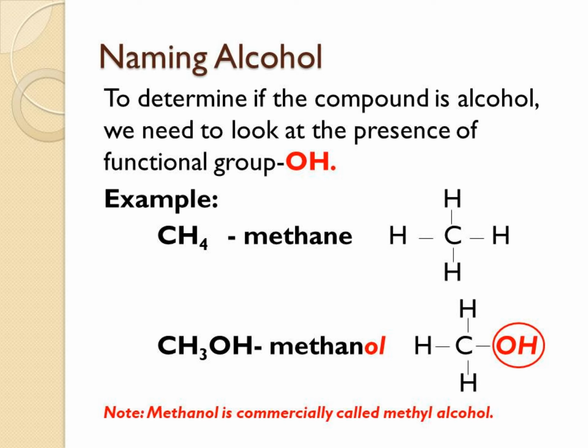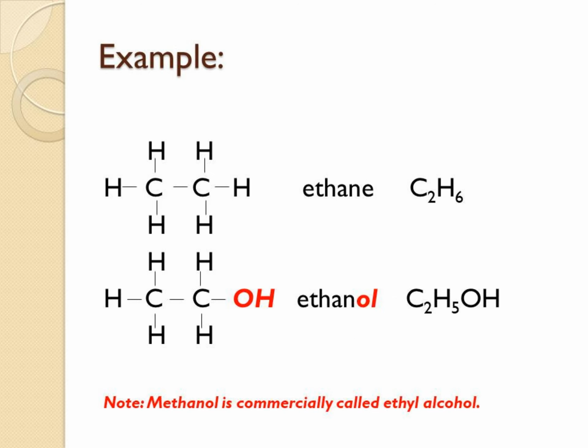Methanol is commercially called methyl alcohol. Another example, ethane has a formula of C2H6. But when one of these hydrogens is replaced by the hydroxyl group OH, ethane becomes ethanol.